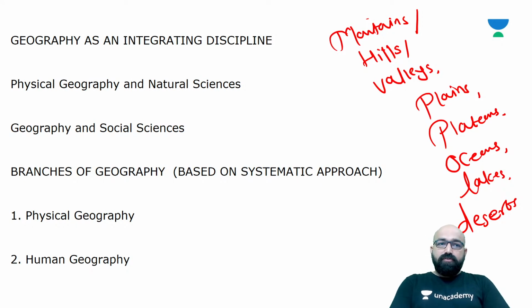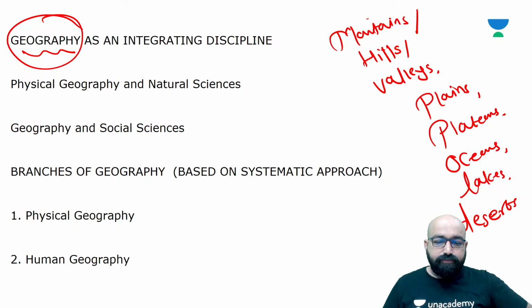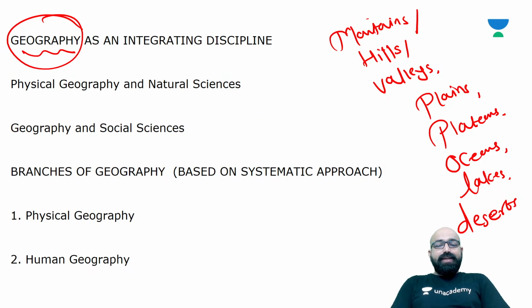So when we are talking about geography in terms of definition, in simple words it can be said that geography is the description of the earth. The term geography was first coined by Eratosthenes, a Greek scholar.